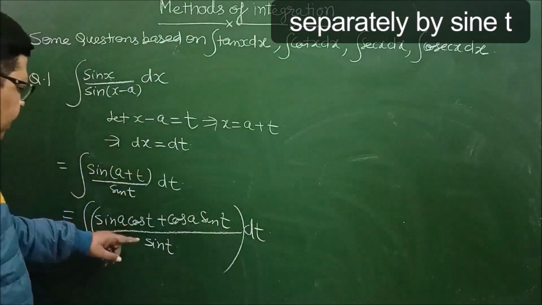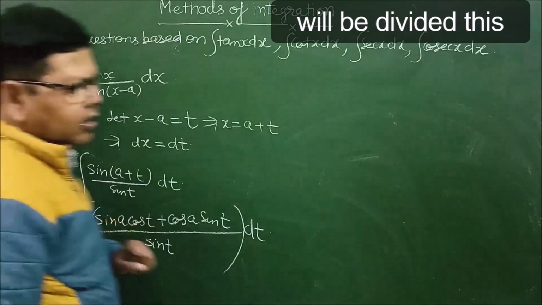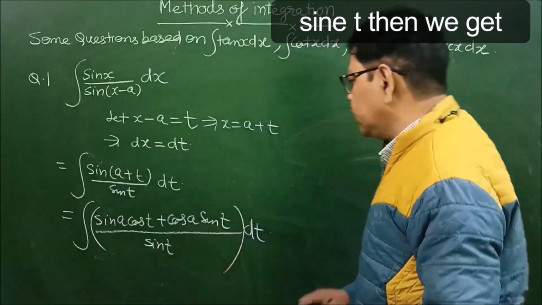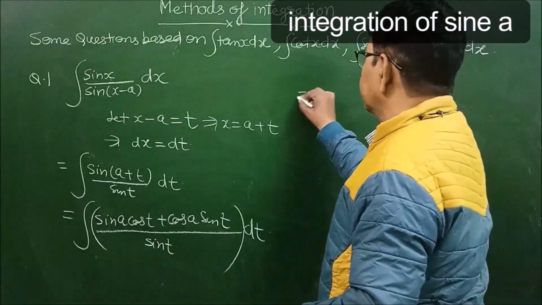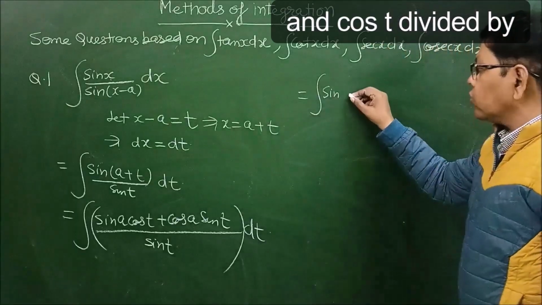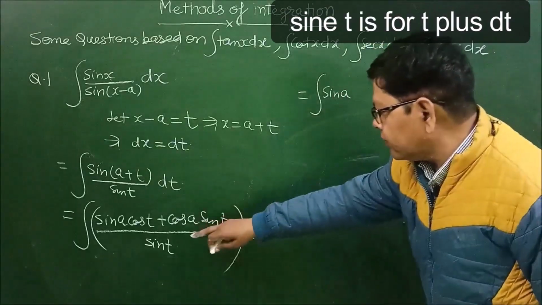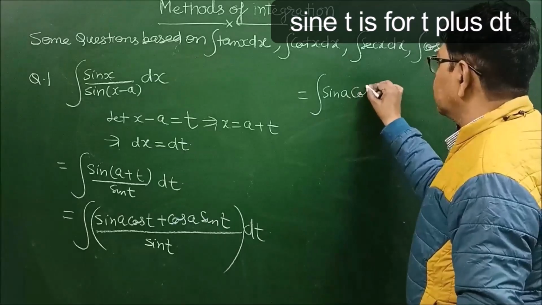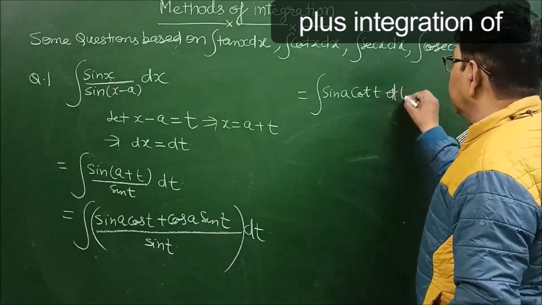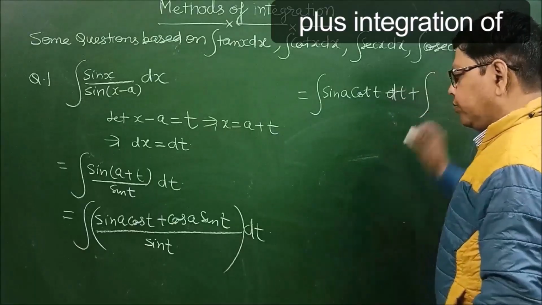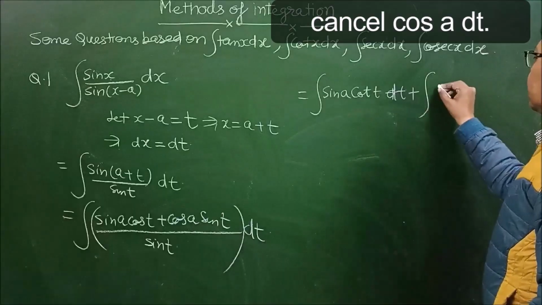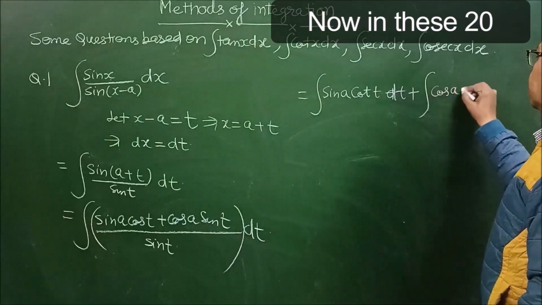Now dividing separately by sine t, if we divide this numerator by sine t, then we get the integration of sine a, and cos t divided by sine t is cot t, dt, plus the integration of, here the sine t gets cancelled, cos a dt.